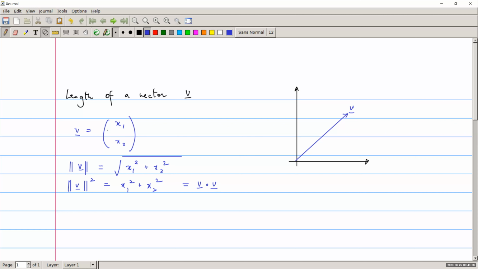And remember, with dot products, one of the important properties that we wanted was that the dot product was positive definite: any vector v dotted with itself is greater than or equal to 0. And in particular, it is equal to 0 if and only if v is 0. So if you define the notion of length in this fashion, all non-zero vectors have length strictly greater than 0.